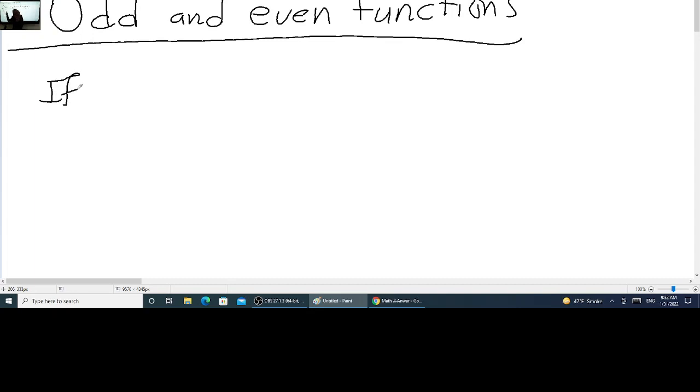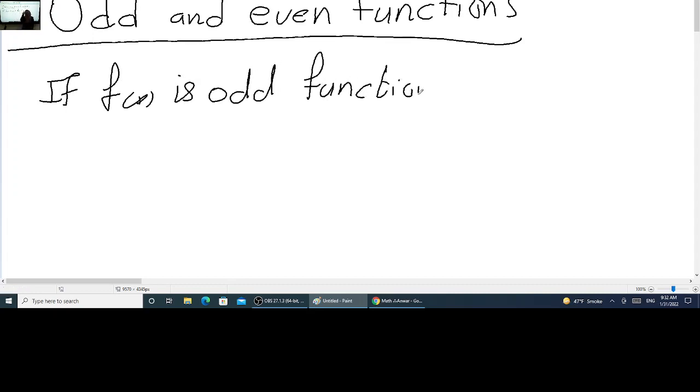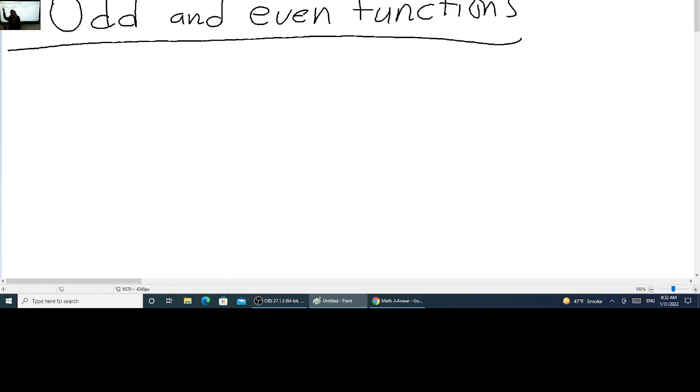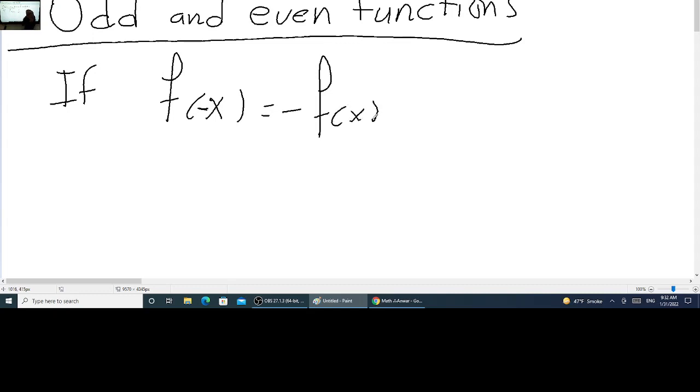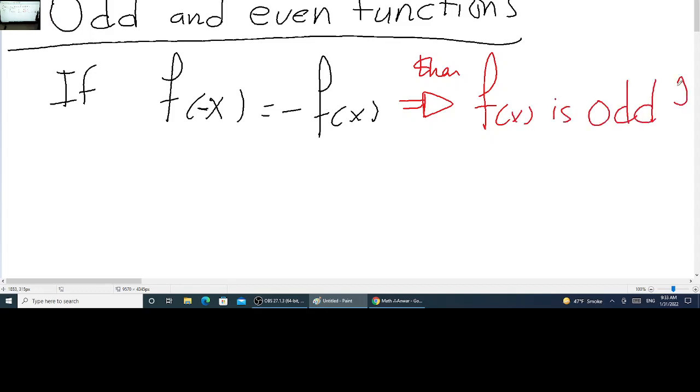If f of negative x equals negative f of x, then f of x is an odd function. Okay?